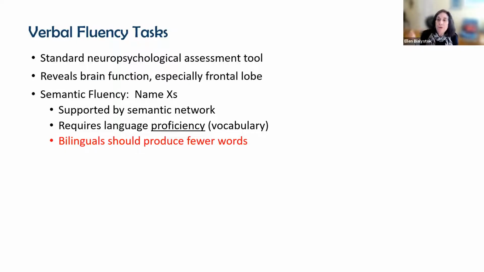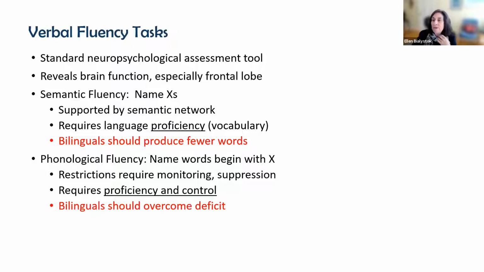There's two versions of verbal fluency. The first one is semantic fluency, where you have to name all the things that belong to a particular category. Name all the vegetables, name all the vehicles, name all the occupations. That's just a vocabulary test. And so we expect, because it's just a vocabulary test, that bilinguals should produce fewer words than monolinguals.